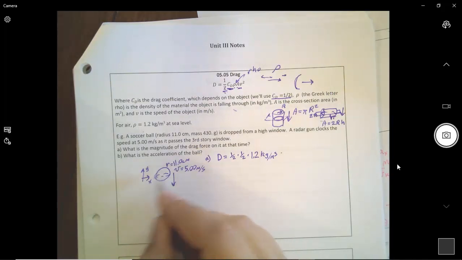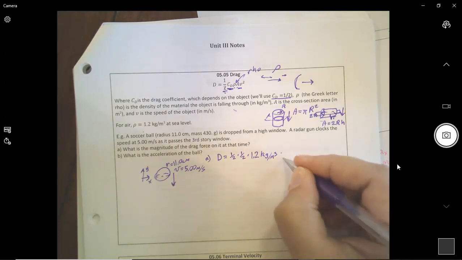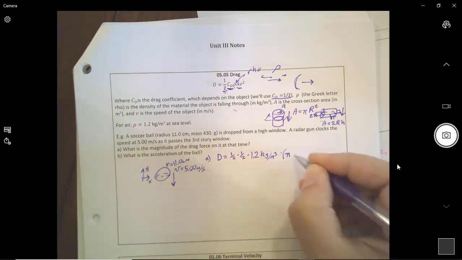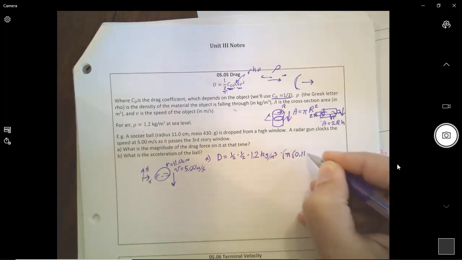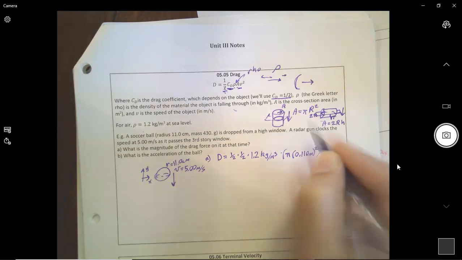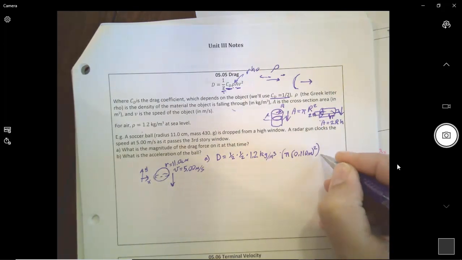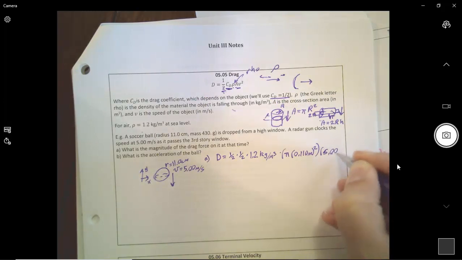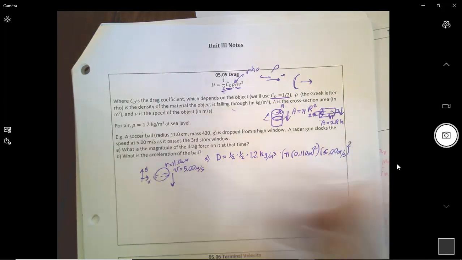The cross-section of a sphere, really no matter which way you cut it, is always going to be a circle. So this is going to be pi times the radius, 0.110 meters, squared. And then finally, we're going to square the speed as well. So the speed is 5.00 meters per second, squared.